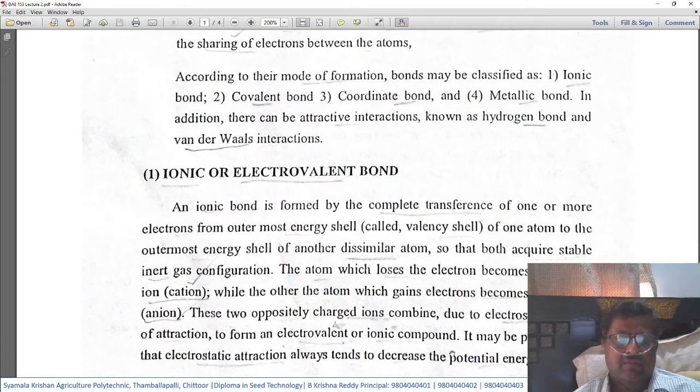First one is ionic bond. This is also, in other words, known as electrovalent bond.